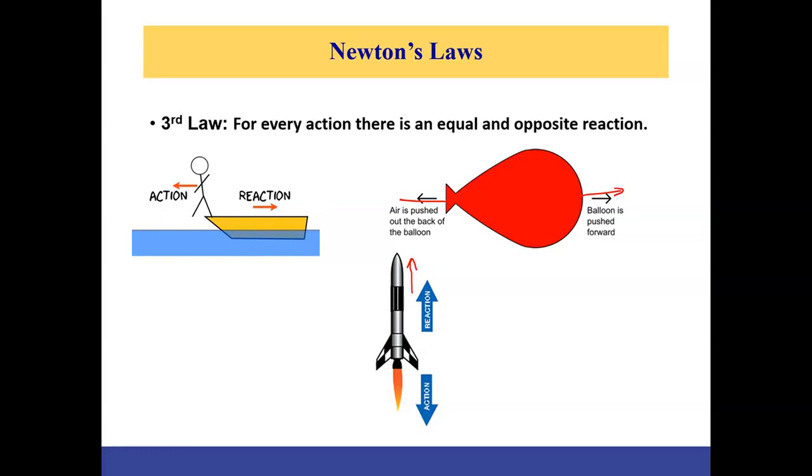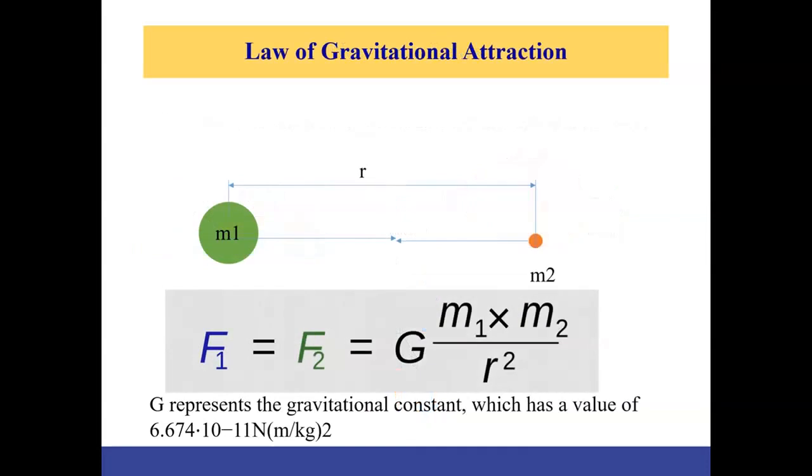Apart from these three laws, there is another law of Newton, the law of gravitational attraction, which states that every body in the universe applies attraction to another body, and the force of mutual attraction between them depends on the magnitude of their masses and the distance between them.